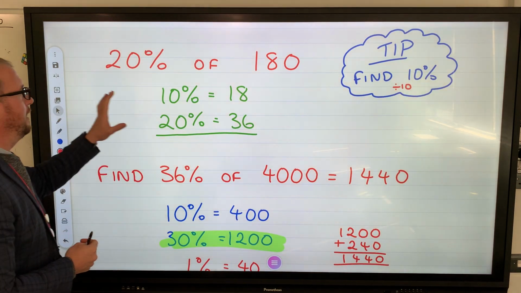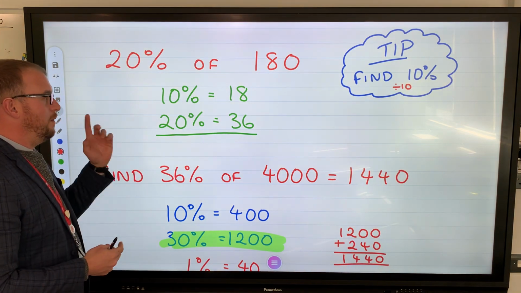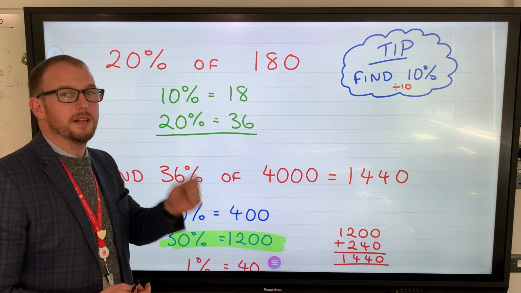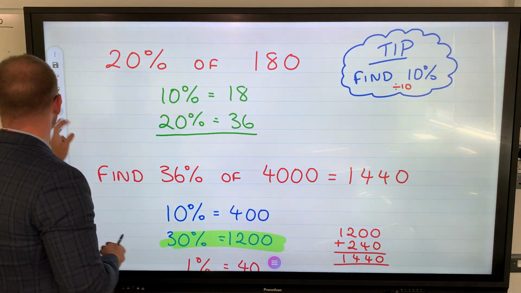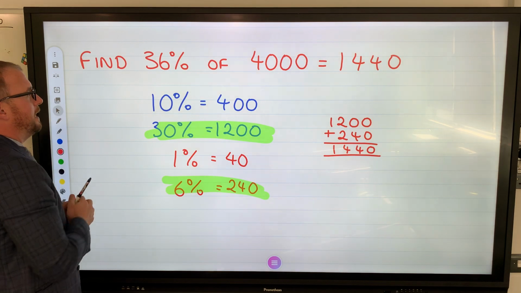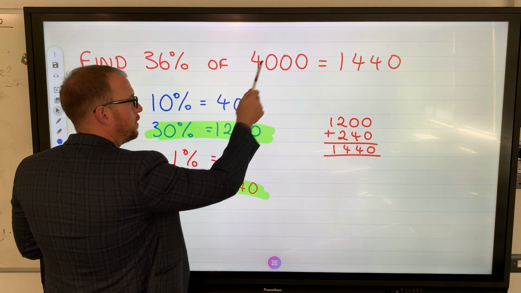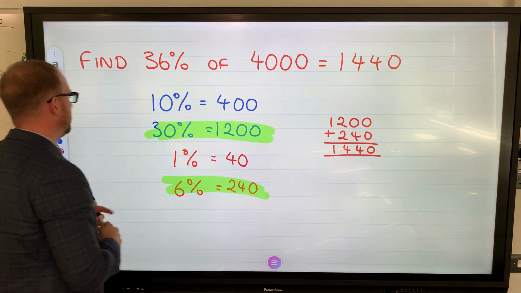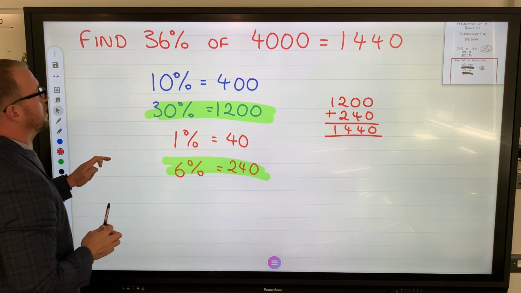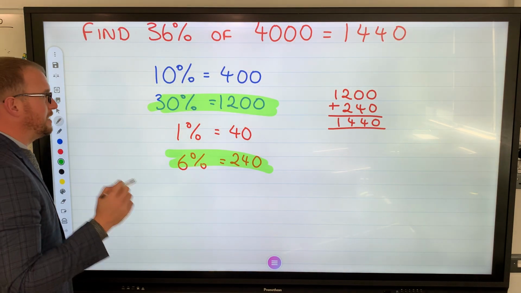Now, you could have maybe divided by 5 to find 20%. Yes, you could have. However, there is a method that we call the multiplier method. Here, I have to find something to multiply these two together in order to get my 1,440. The way I do that is by converting this 36% into a decimal.